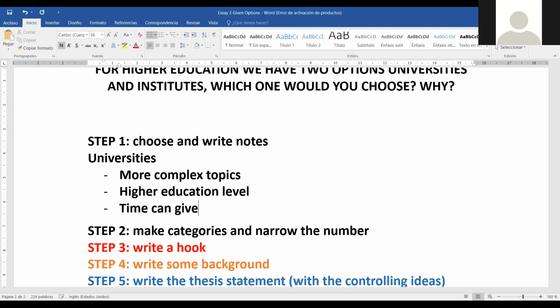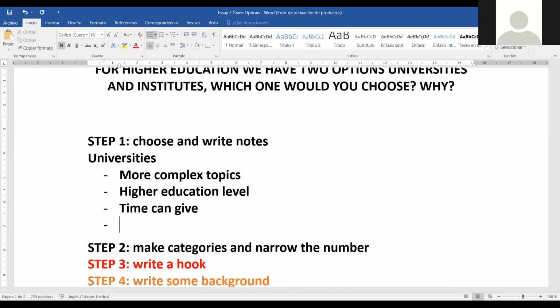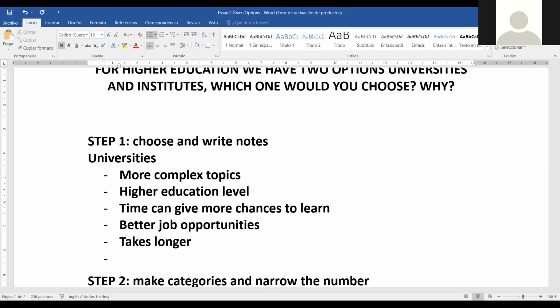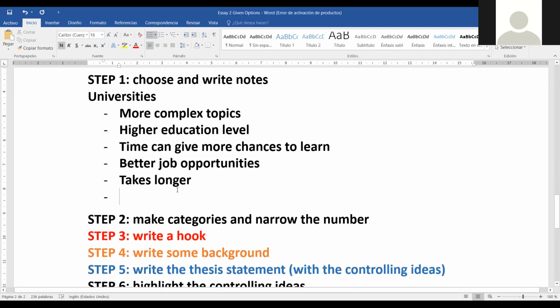It takes longer to graduate. Yeah, takes longer. Time can give you more chances to learn. Probably job, in most cases, I might say better job opportunities. What else can we say about universities?